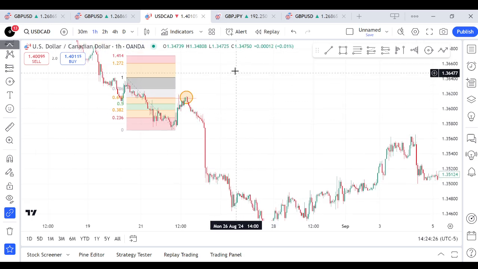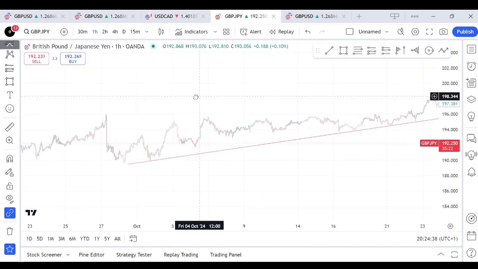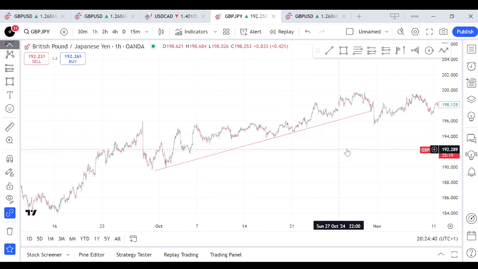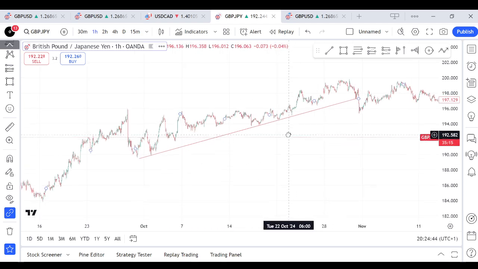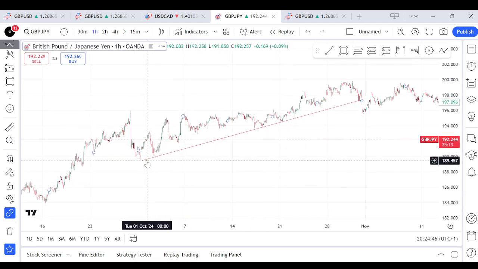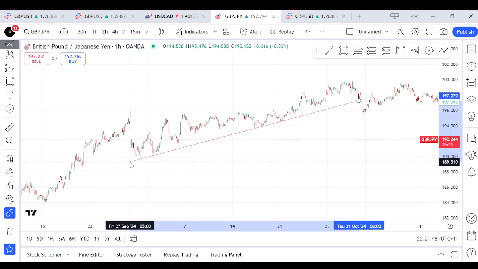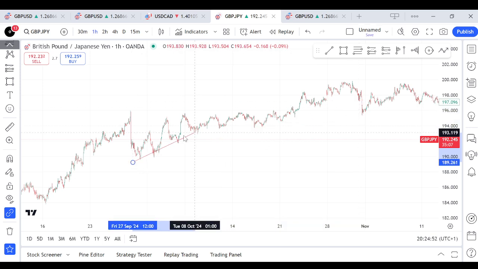So the next on my list is trend lines, and these trend lines are drawn by connecting higher lows in an uptrend or lower highs in a downtrend. So this is an uptrend, and you can see multiple touches. First it has to be like 2 touches, then you extend it from there.